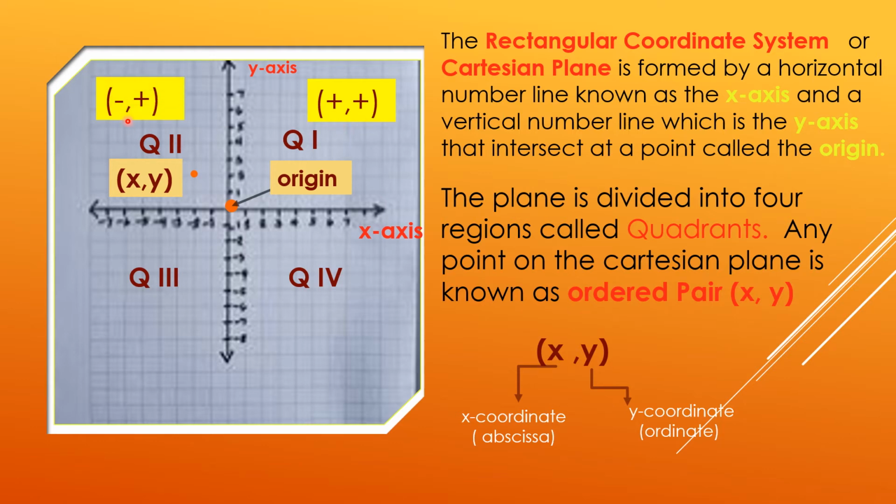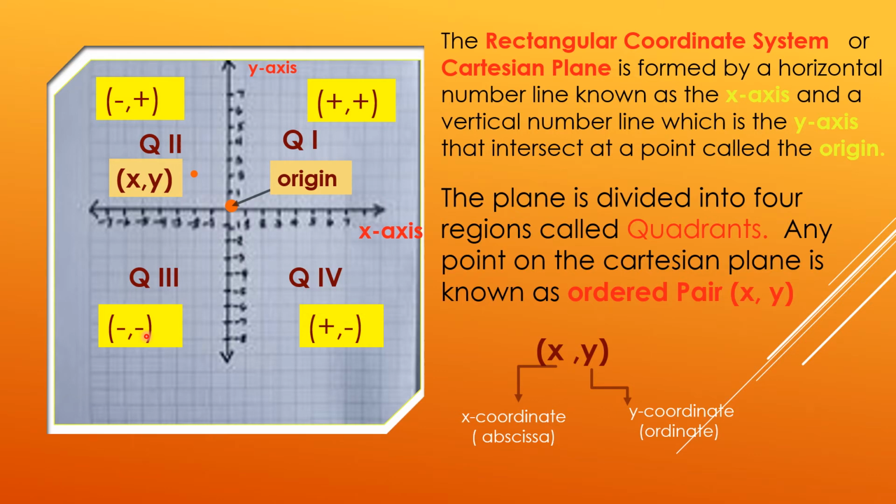In the second quadrant, negative and positive. So here, because going to the left are negative numbers, negative and positive going up. And then on the third quadrant, we have negative and negative. The sign of x is negative and the sign of y is negative.